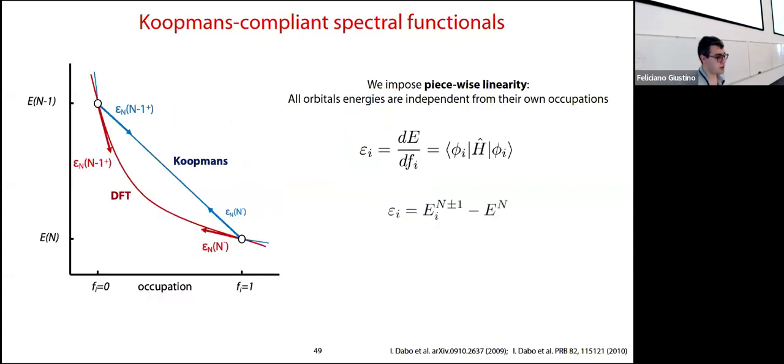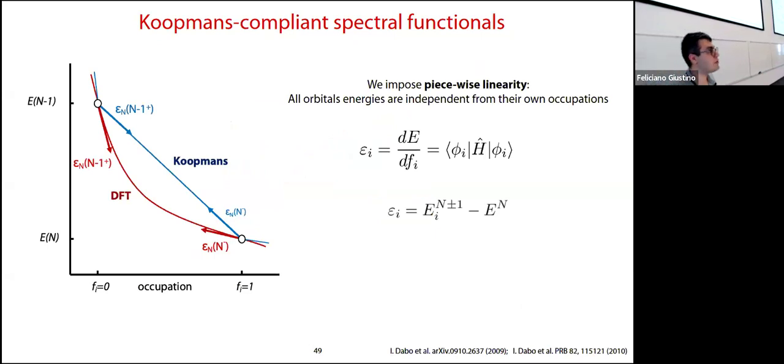And as Nicola mentioned yesterday, one approach is through the Koopmans-compliant functionals that essentially enforce piecewise linearity with respect to fractional occupations, okay? DFT has a deviation from piecewise linearity, and the Koopmans functional restores the right piecewise linearity. And you can intuitively understand why you expect this.